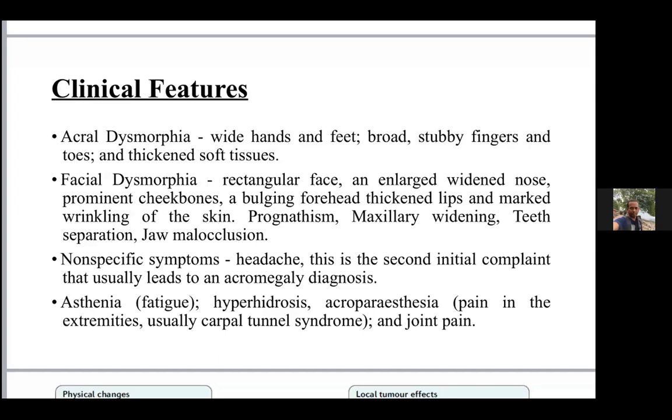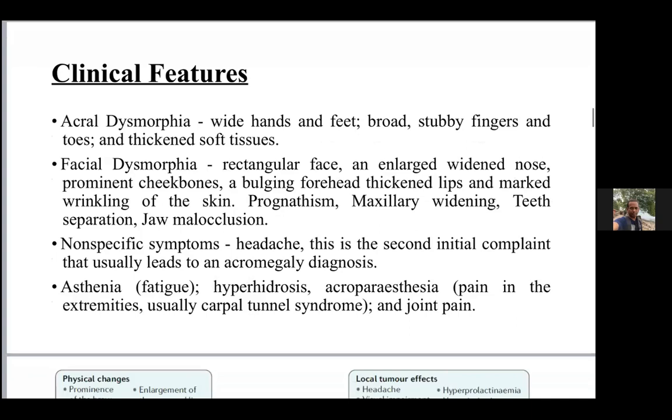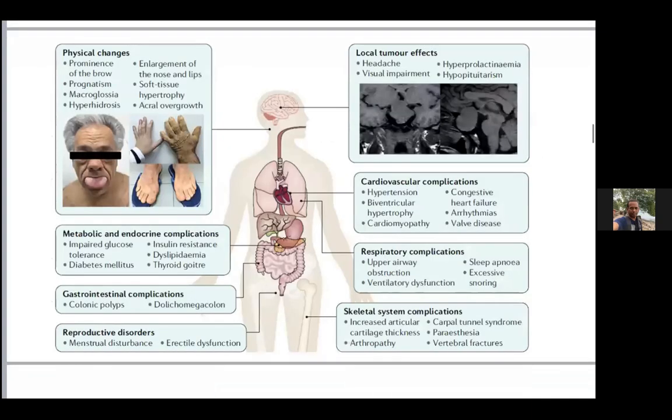Asthenia, fatigue, hyperhidrosis, increased sweating, acroparesthesia, that is pain in the palms and soles, usually carpal tunnel syndrome, and joint pains. Usually large joints are involved, and usually it is a non-inflammatory type of joint pain involving the large joints.